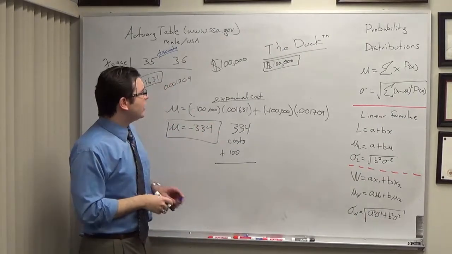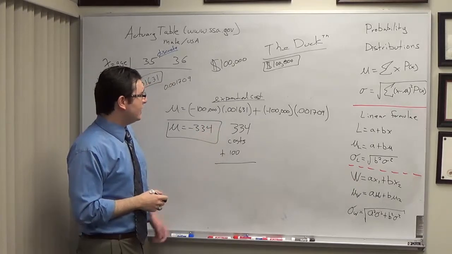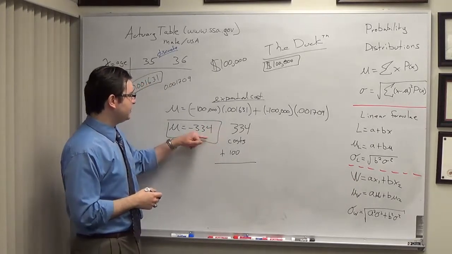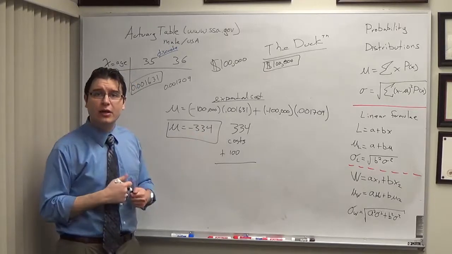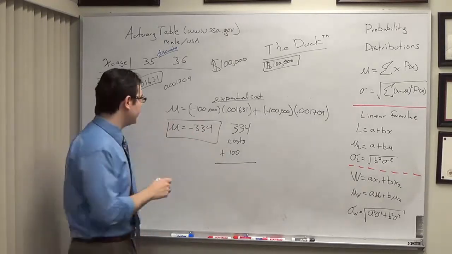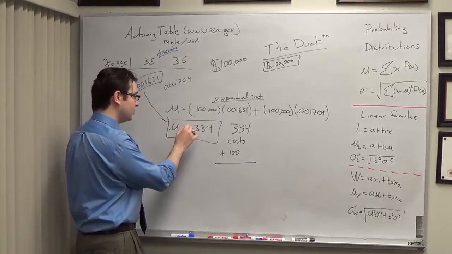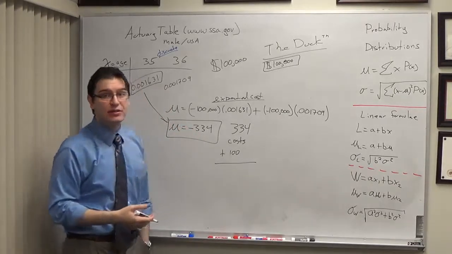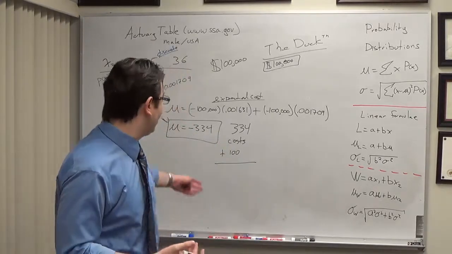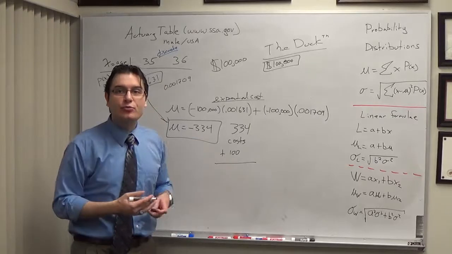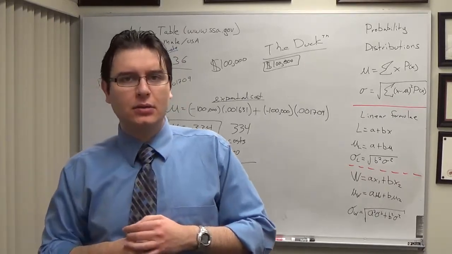So this is a little look at expected cost. Notice that no matter how you cut it, since the total expected cost to the insurance company is $334, if you flip it in reverse and look at it from the perspective of the small startup, since they have to pay this, they're going to generally pay a sum that's bigger than this, which means when you buy insurance, you're expecting to lose money.